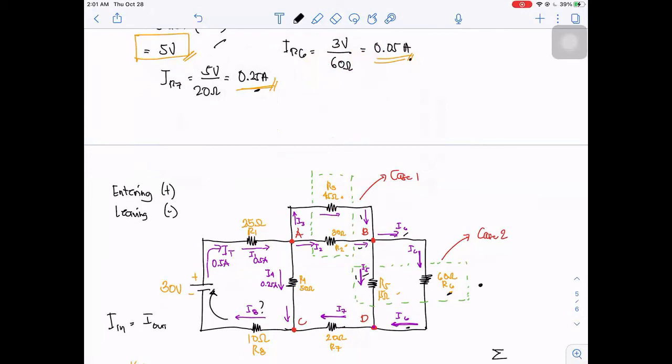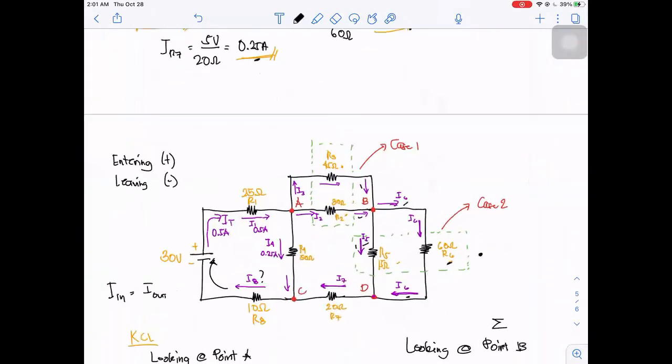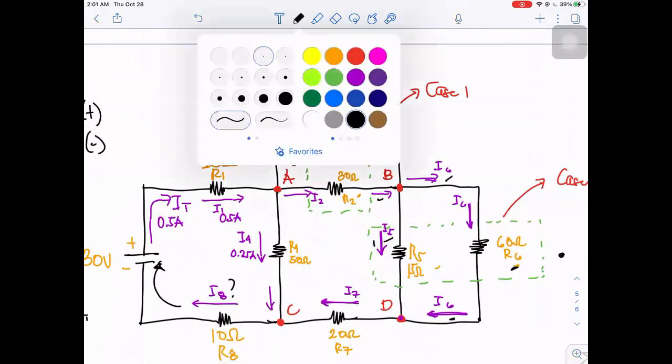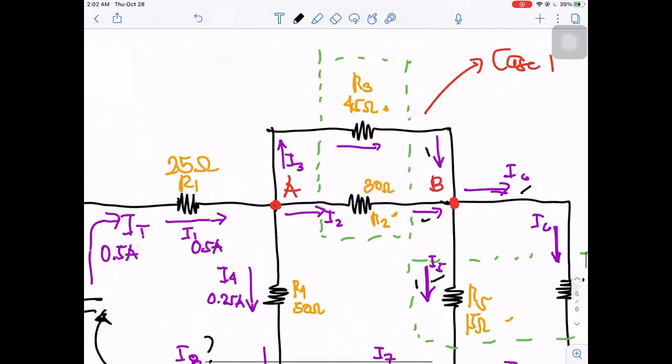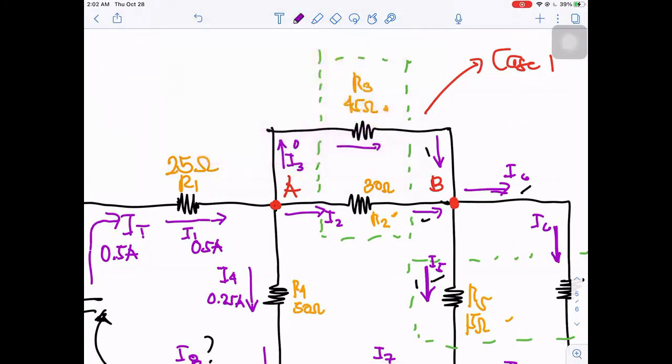So that is the current that is also flowing in the entire circuit. So we have now the values of this current. So we have I3, which is equivalent to 0.1 ampere. I2 is 0.15 ampere.